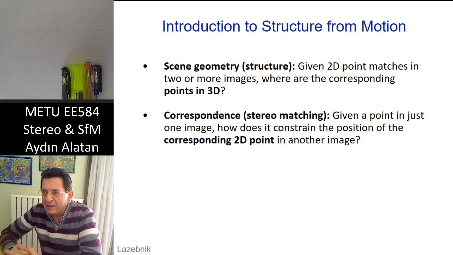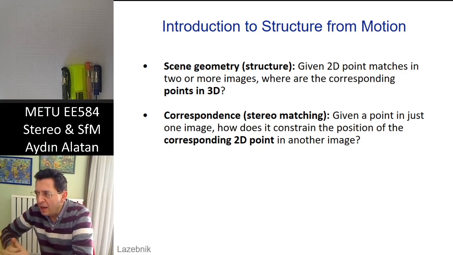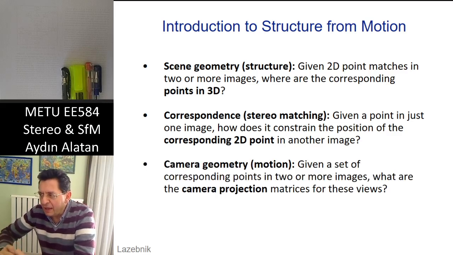How do you find one point in the next frame with the corresponding 2D point? In general, we have already talked about these things in our feature extraction chapter, but here, for parallel cameras, I'm going to focus a little bit on this topic as well. And finally, if you're talking about 3D extraction, you have to obtain the positions of the cameras with respect to each other in the 3D world.